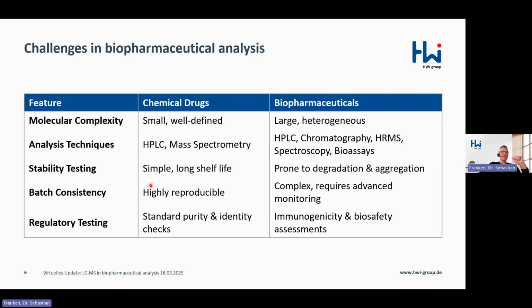So they are not that highly reproducible as chemical drugs, but because of their complexity, they require advanced monitoring during production, of course. And also, all regulatory tests are not standard anymore. So we don't have these standard purity and identity checks, but we have to address things like immunogenicity and biosafety.